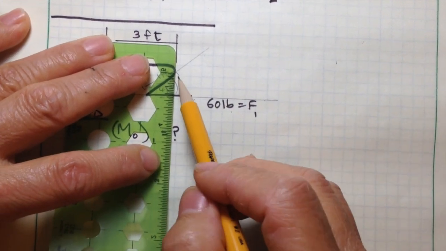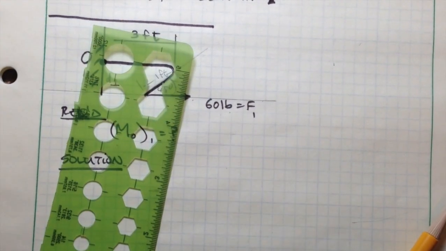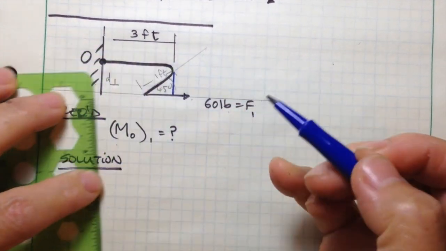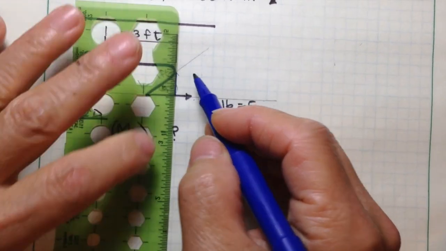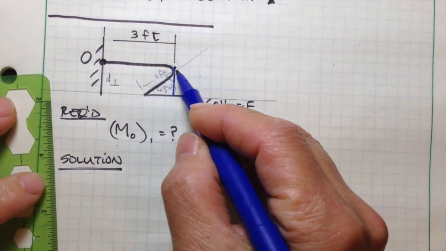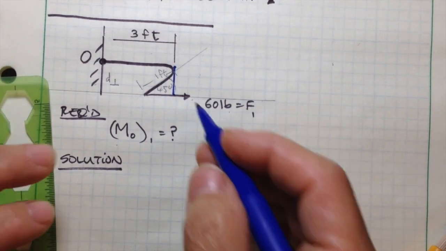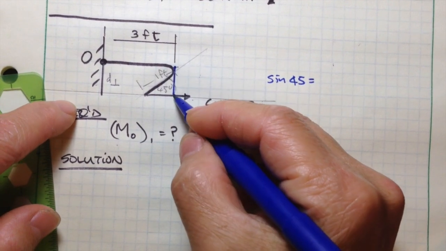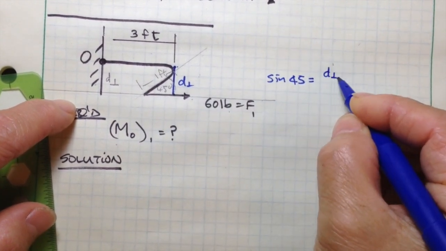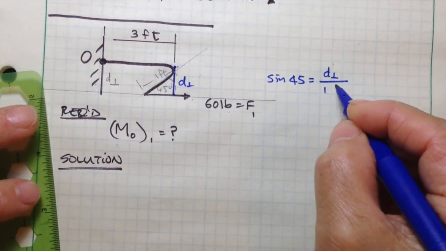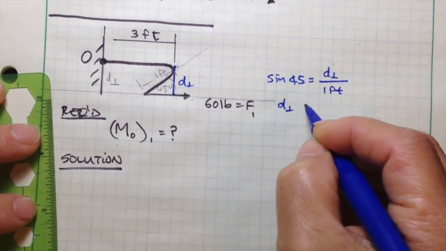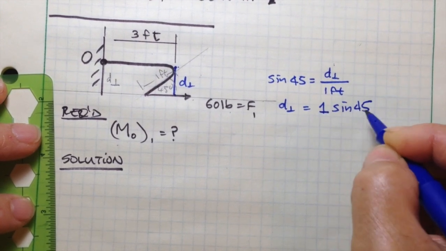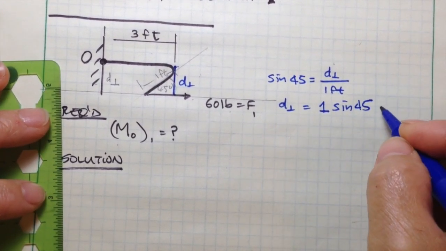That would be equivalent to finding this distance right here, approximately from there to there. So the sine of 45 is the opposite, which is my D perpendicular, over the hypotenuse, which is 1 foot. Therefore, D perpendicular should be 1 times sine of 45 feet.